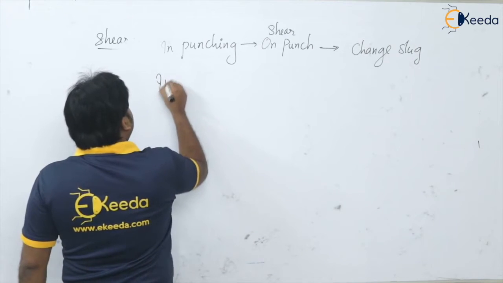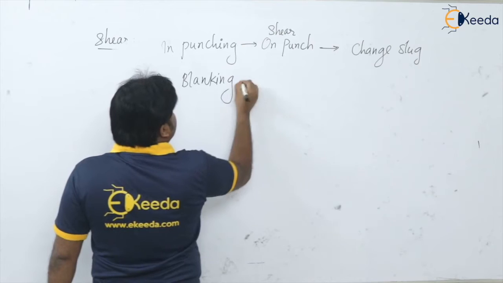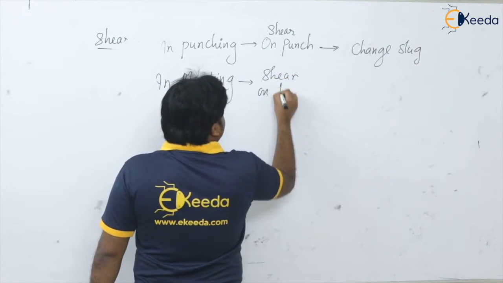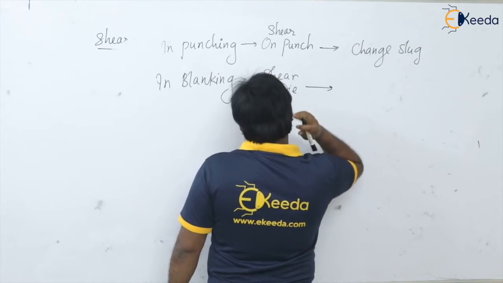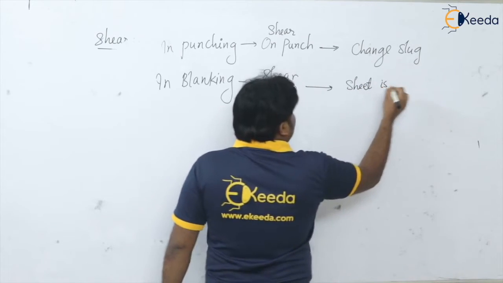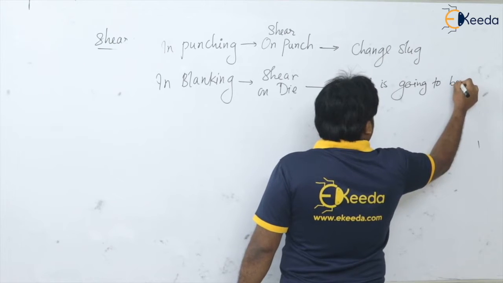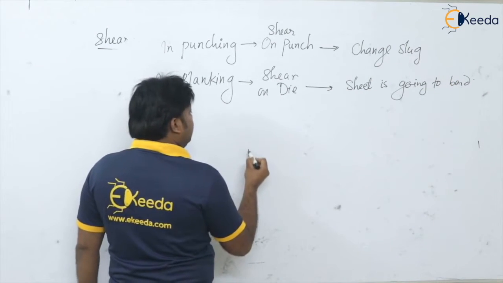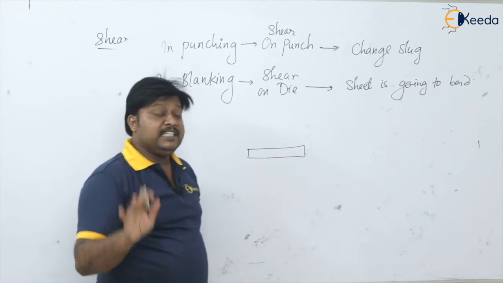Now in blanking operation, I am making the statement that the shear will be on the die, and what is the effect of that? The sheet is going to bend. But the slug coming from the die is not changing, not bending, nothing.